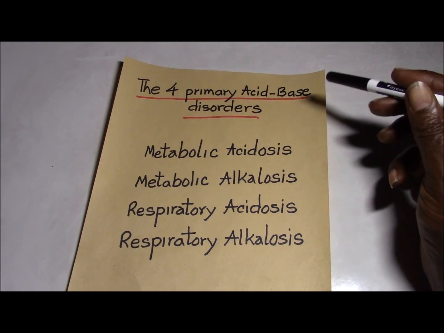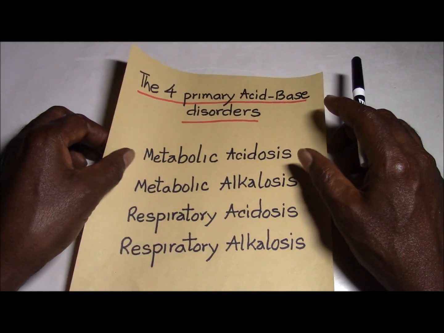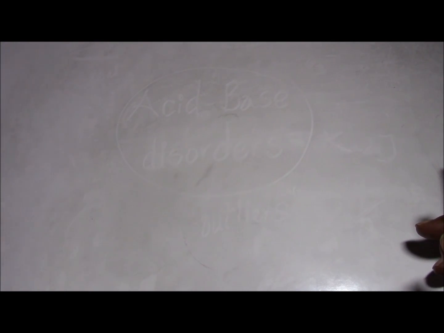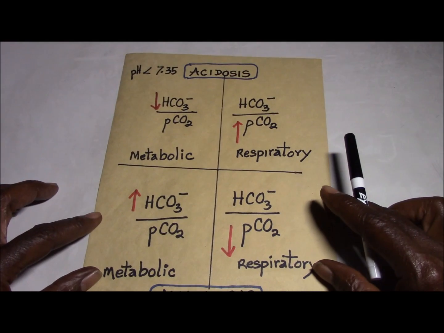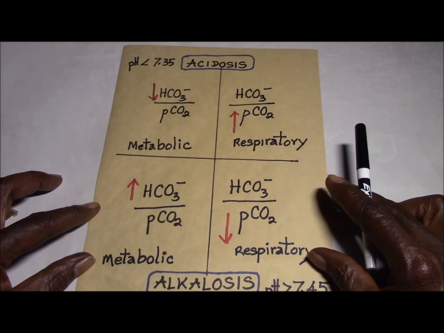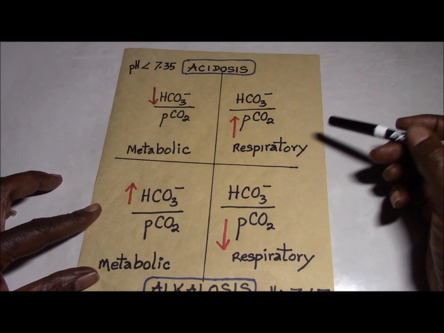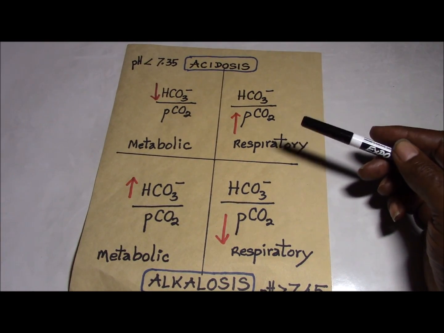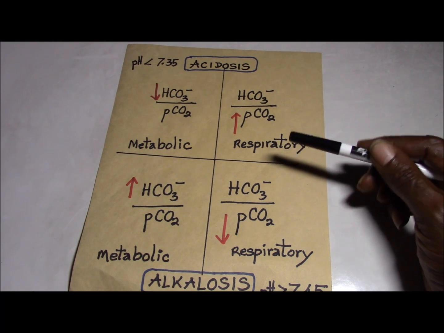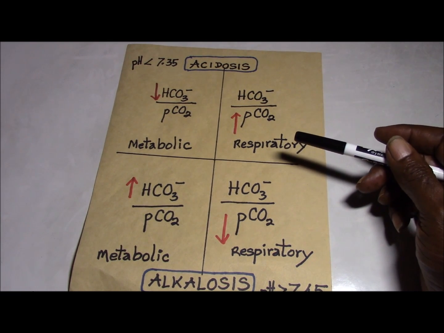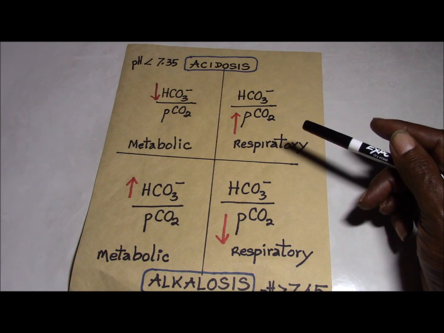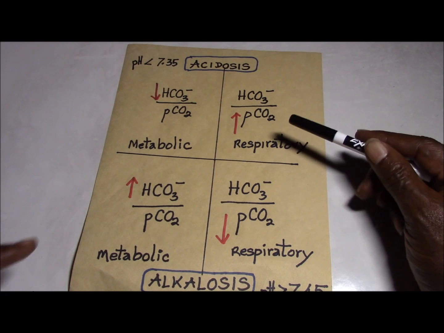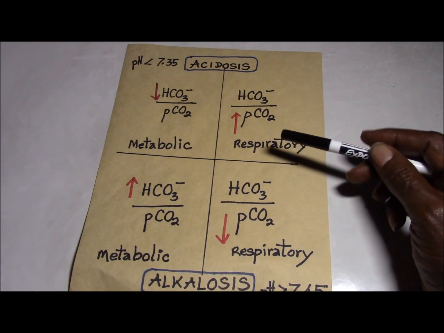So, here is the tool. This is the tool I have for you. Your ability to reproduce this tool in an exam hall will go a long way to bolstering your confidence, so that you come in and then you turn to exam question 1 or number 40, and then you see a question on acid-base disorders.